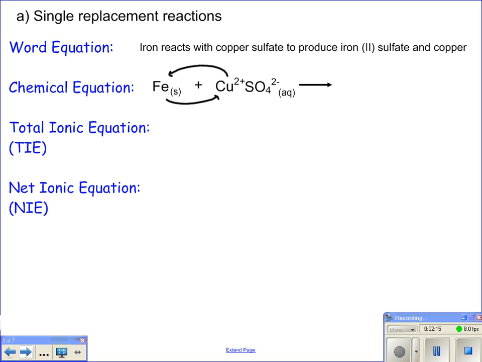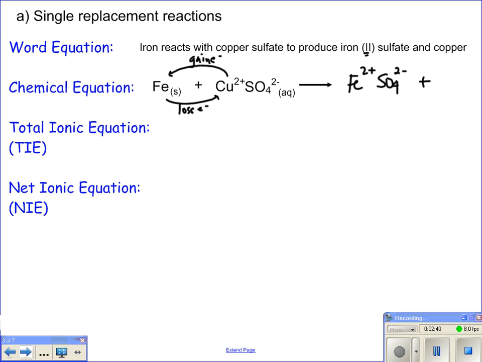Iron has to lose some electrons, and copper has to gain those electrons. In losing its electrons, iron becomes charged. We're told in this word equation that the charge iron takes on in this case is iron 2 plus. So it now pairs up with sulfate, which is a 2 minus ion, and they come together in a 1-to-1 ratio.